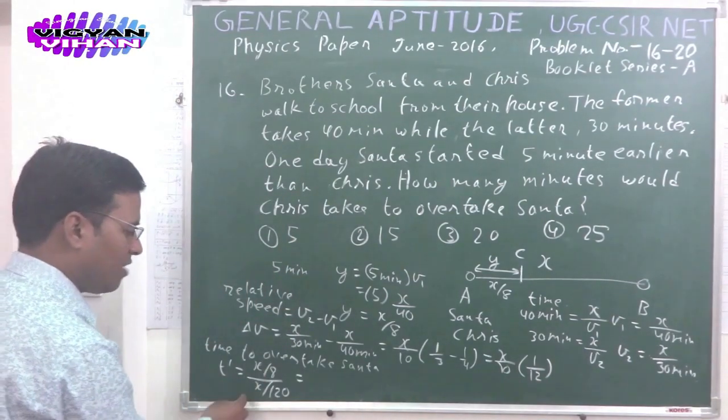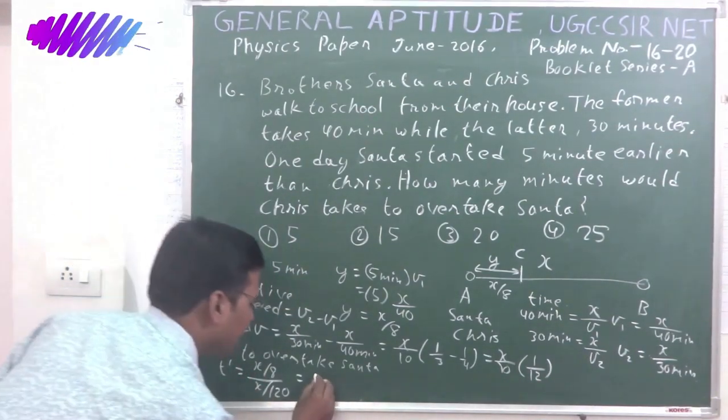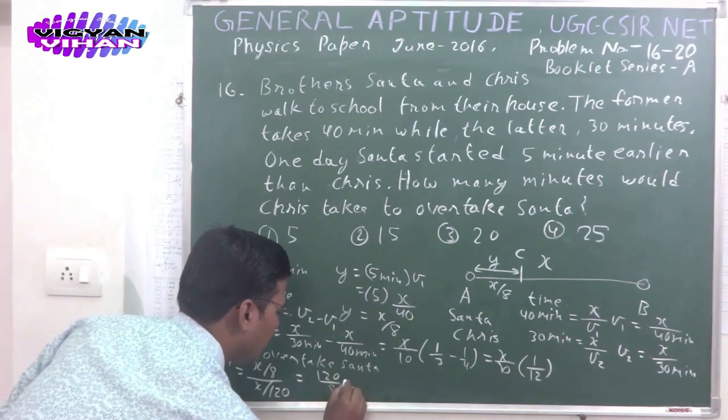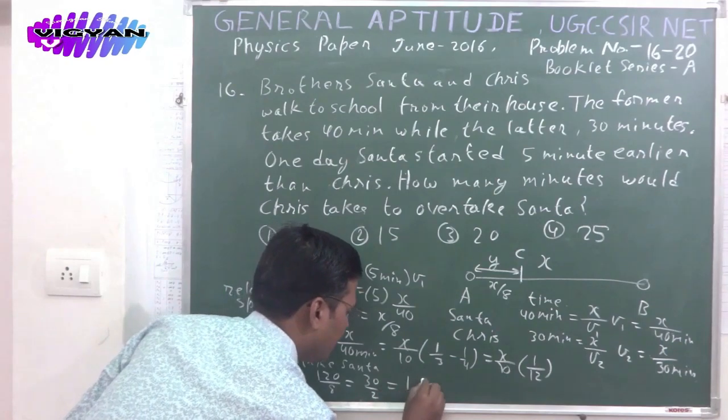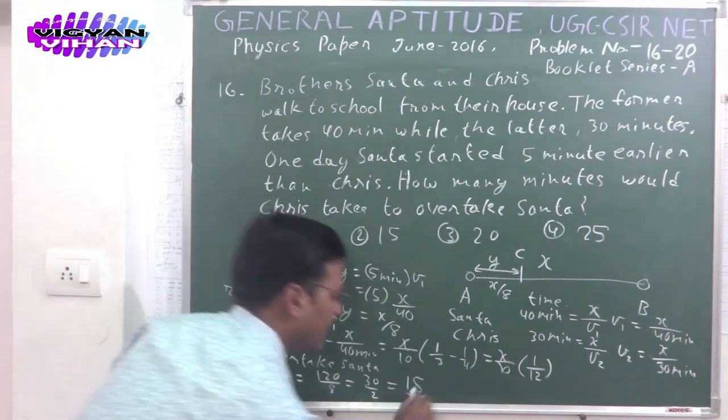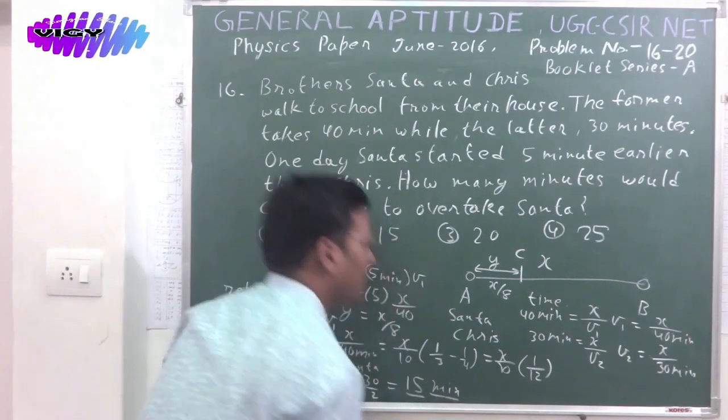Then when we calculate it, the x part is cancelled, 120 upon 8, then 30 upon 2. Then it will give you the answer, that is 15 minutes.